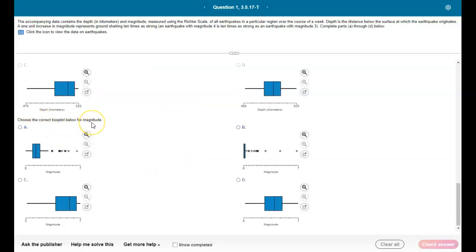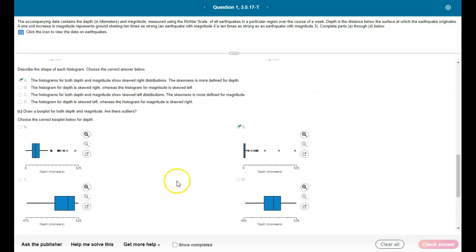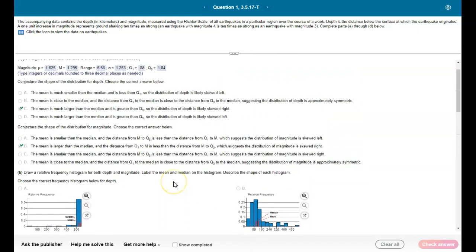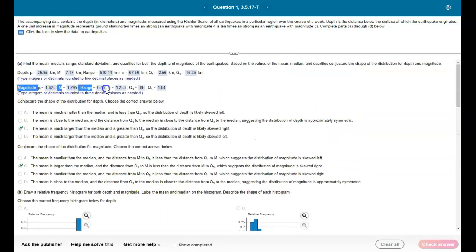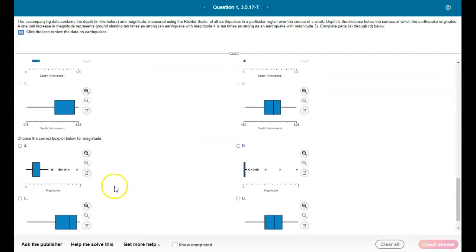Whereas the box plot for magnitude, again, let's use the sense of scale here. We have a scale of 7. And well, now actually, as I look at some of these, the scale's a little bit different. Like this one is 0 to 7, and this one's 3 to 7. So let's go back up to our numbers for magnitude. We had a range of almost 7, and we had Q1 at about 1 and Q3 at about 2, and that's where the box will be outlined, for about 1 to 2.